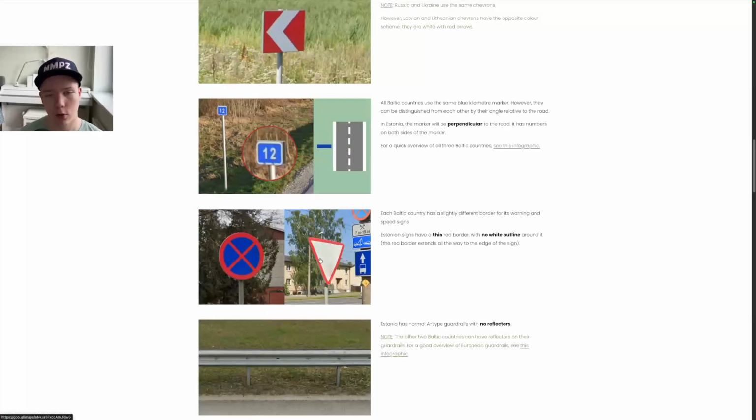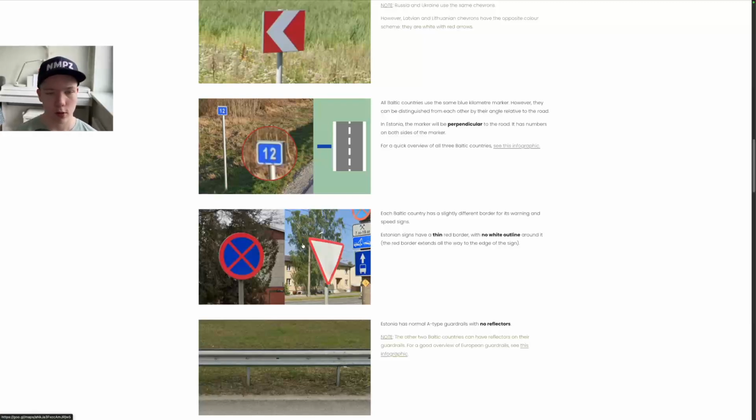The sign borders are really useful. So we're talking about that maybe right now even, so I don't have to go over that with the other Baltic countries. So Estonia has quite thin red borders. Well, if we do have this red border.